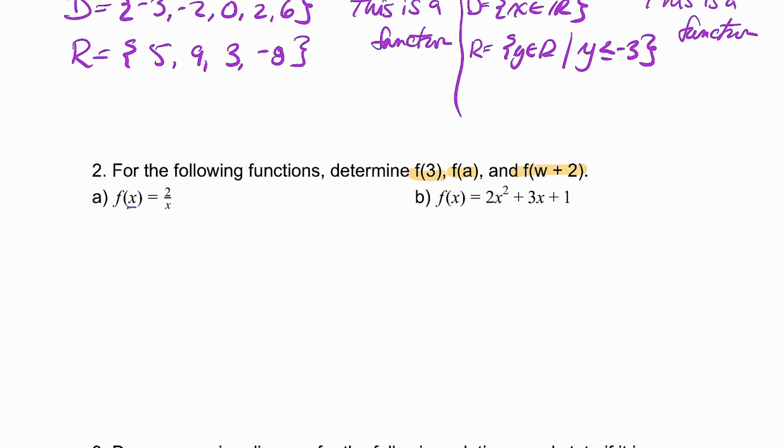When we say f(3), we're just replacing x with 3 in our equation. Nothing more. If it could be evaluated, then we will evaluate it. If it could be simplified, then we'll simplify it. But just to start, just replace the x with a 3.